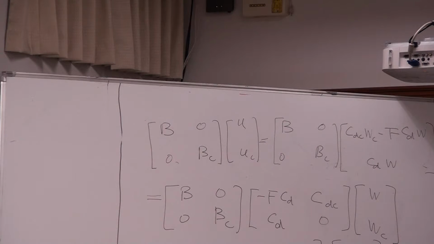This term is that term, and this term moved to the left-hand side becomes plus. That means K plus B F CD, and this is minus B CDC, and this is minus BC CD, right? Okay.